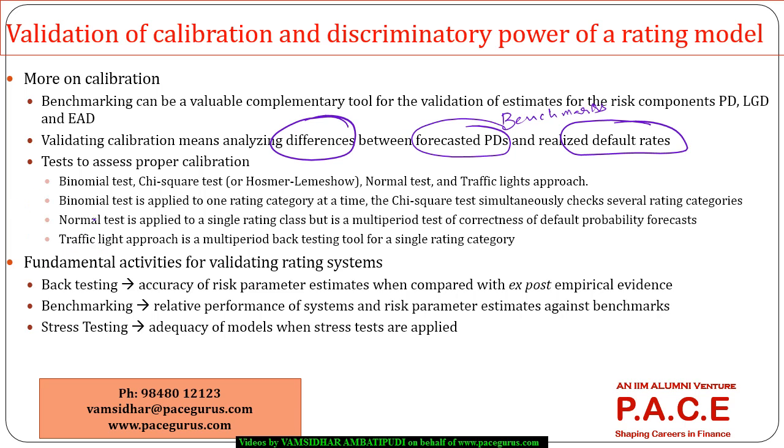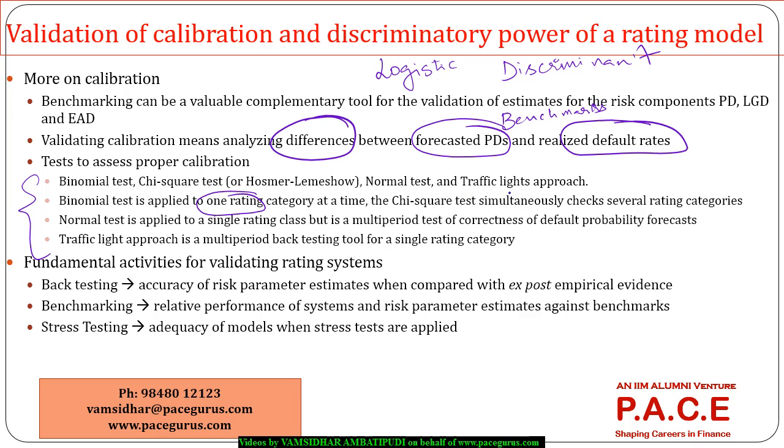Now again, for calibration also we have different kinds of tests. I can go with a binomial test, chi-square test, normal test, traffic lights approach. When I look at the binomial test, especially if I am talking about one rating category at a time, I can use a binomial test, something like your logistic regression model or a discriminant analysis model, where you are validating one rating category at a time.